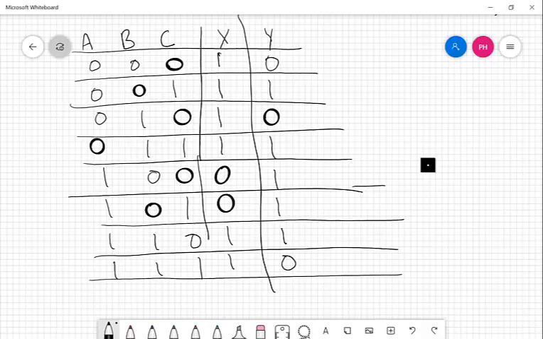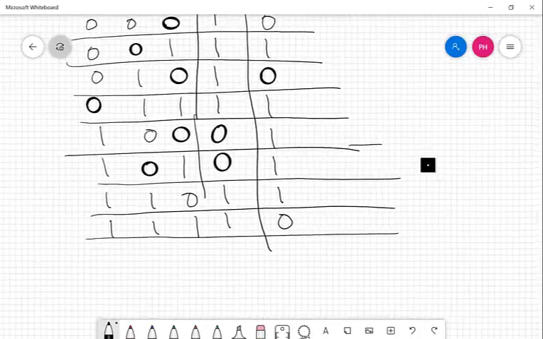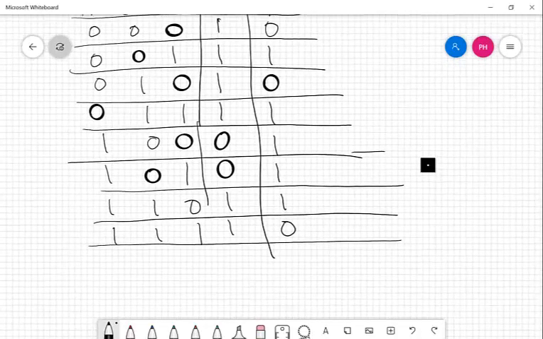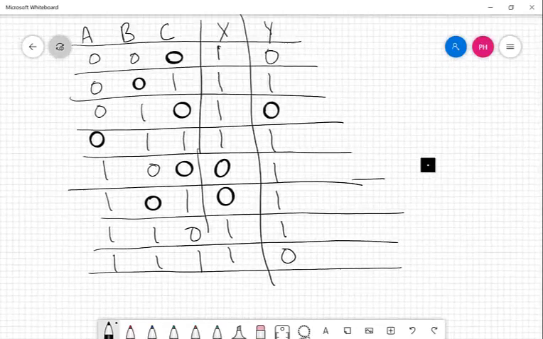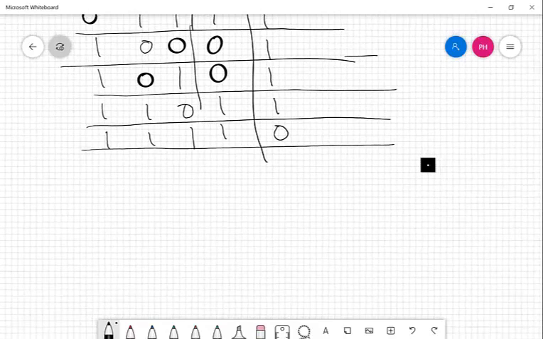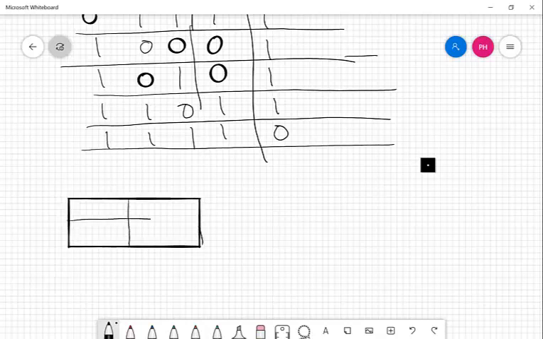So we have to design the circuit for this. I will try to design it. First of all, what we do is K maps. So I will make a K map for X first. You might do it differently.